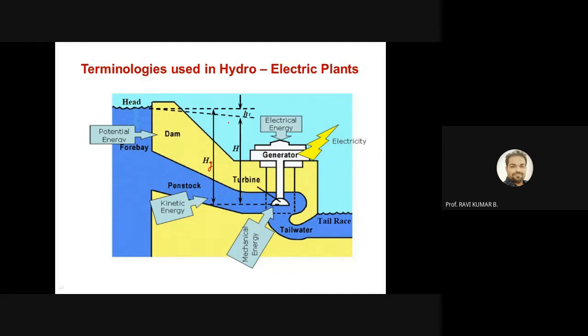At the turbine inlet, the available head is the net head. This much loss is the head loss, usually called HL. Finally the water enters the turbine. The turbine is coupled with a generator, where you get the electrical energy, which can be sent to domestic or industrial supply.